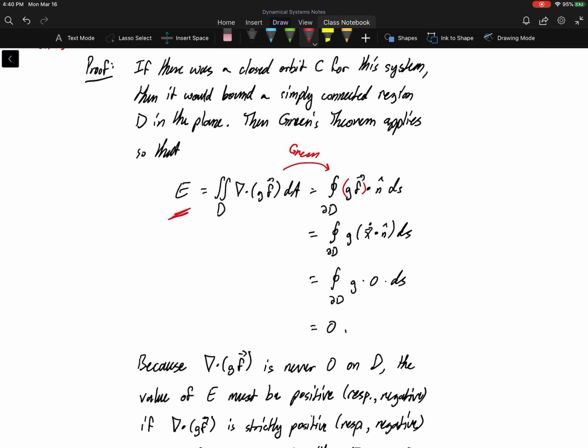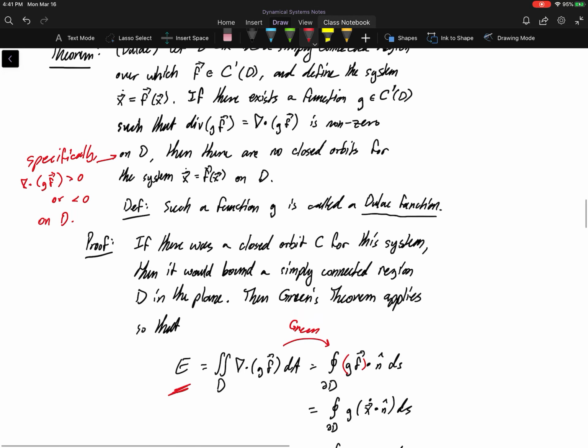Okay? So I can exchange the double integral of the divergence for the closed work integral of the vector field GF. Now, I can pull the G out of that dot product and remind myself that F is just equal to X dot.